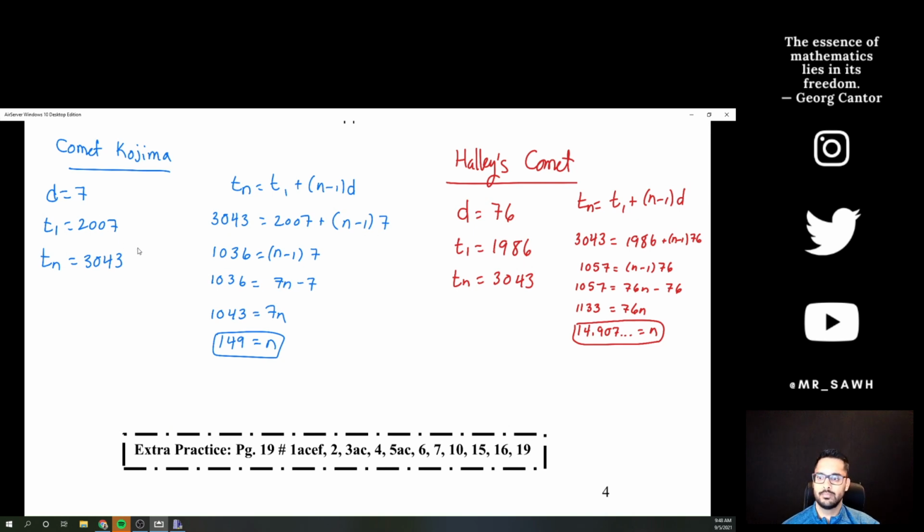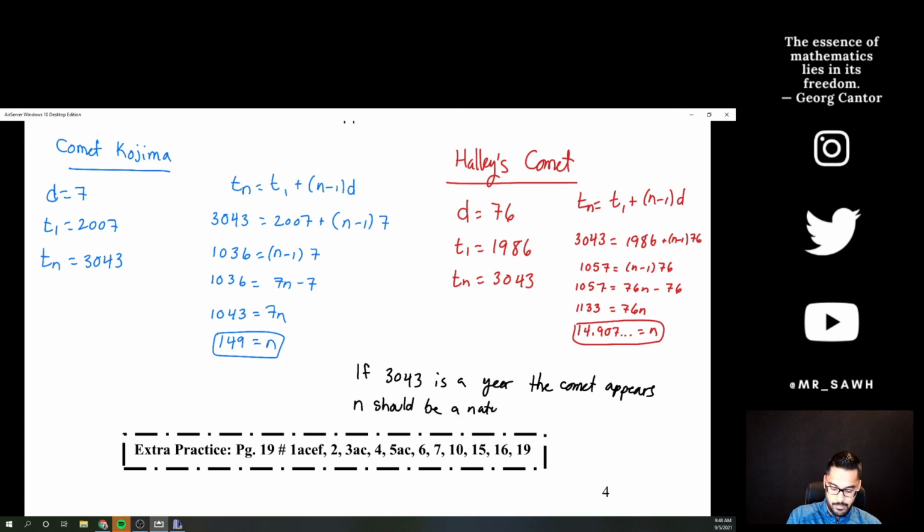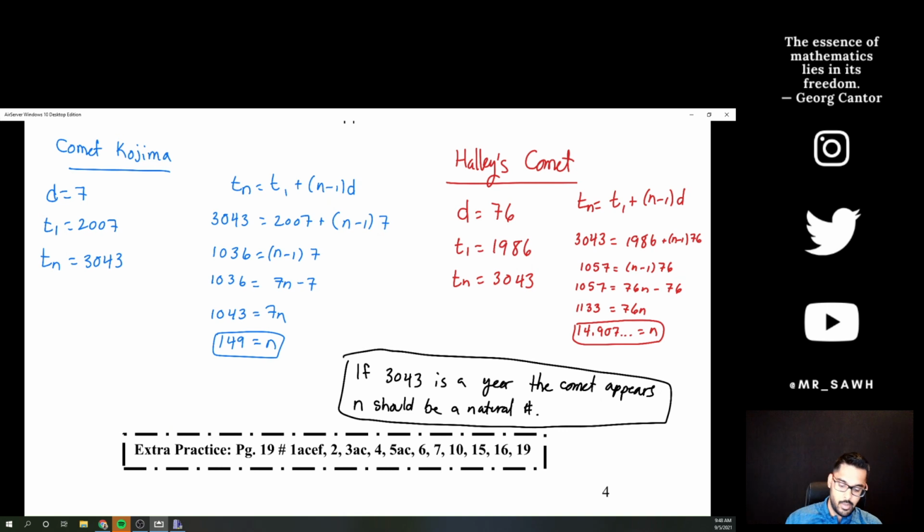So if 3043 is a year the comet appears, n should be a natural number. I know that Kojima will appear, and I know that Halley's Comet will not in that year. I don't know what other year it will appear, but I just know in 3043 one of them will and one of them won't.